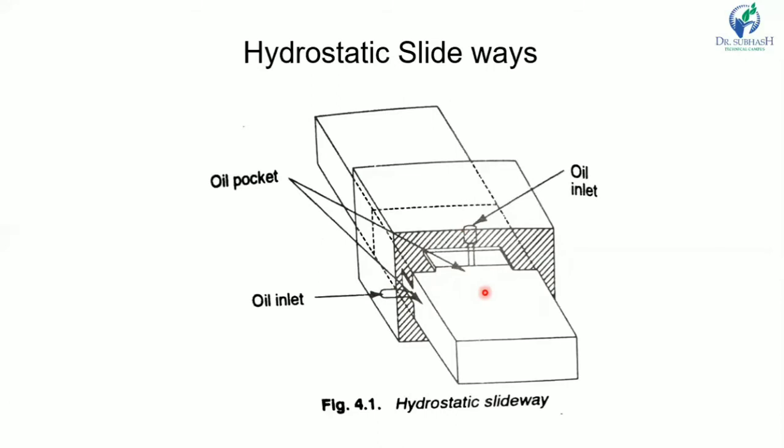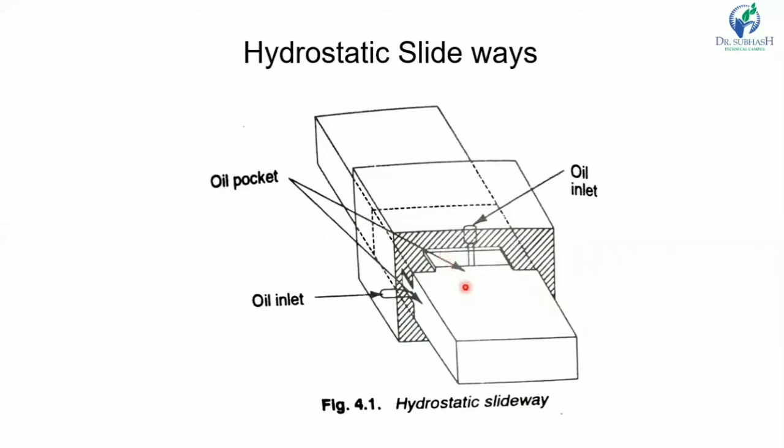So the hydrostatic slideway provides an almost frictionless condition for the movement of the slides. For efficient operation, it is very important that the fluid and slideways are kept clean. Also, the hydrostatic slideway needs a very large surface area to provide adequate support, so the way should be very clean.